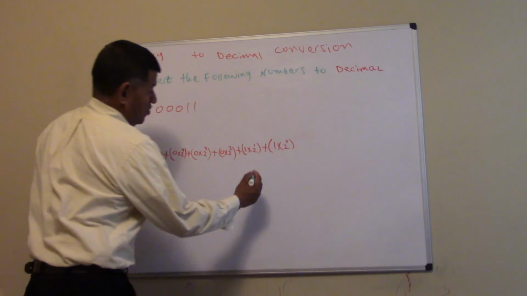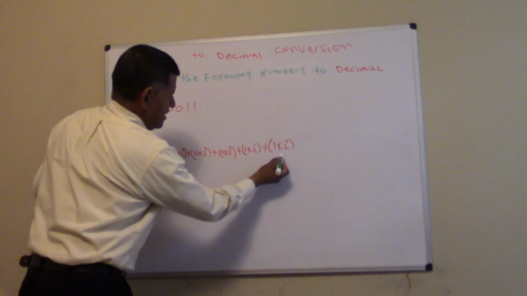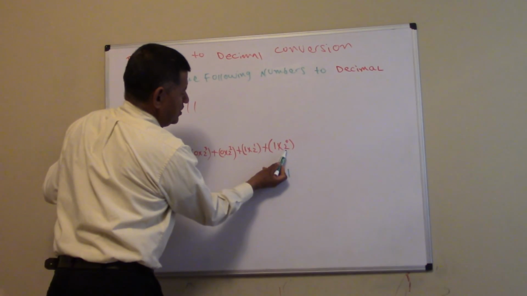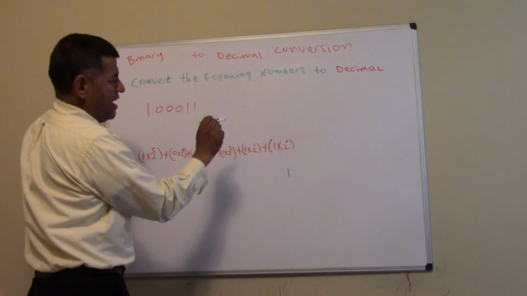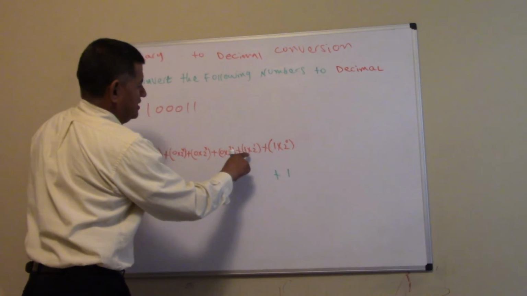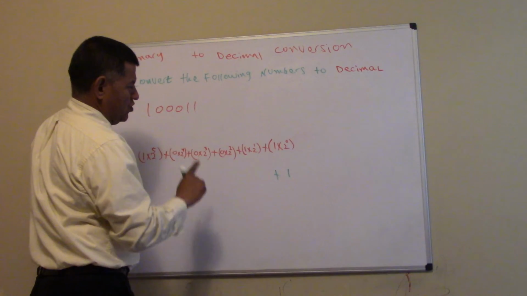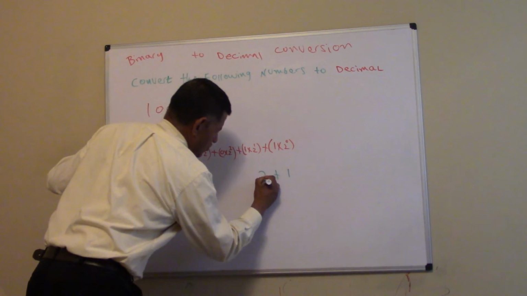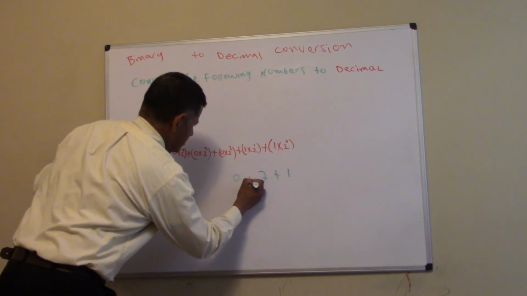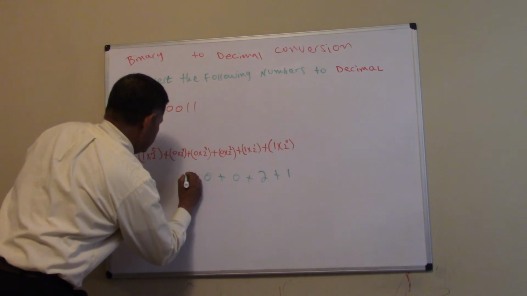So 2 to the 0 power is 1, times 1 is 1. And then 2 to the 1 power is 2, times 1 is 2, and then these are zeros, plus 0, plus 0.